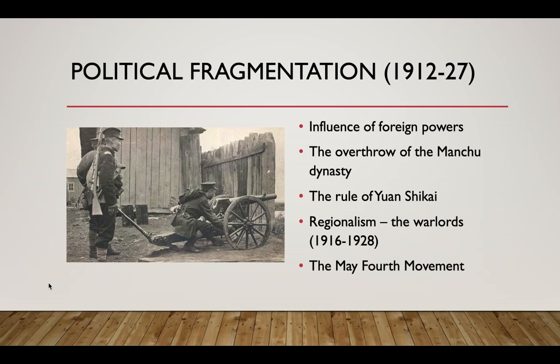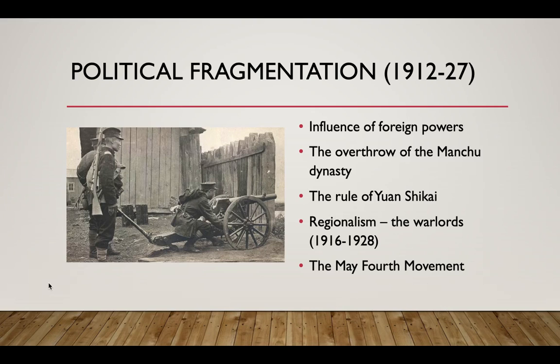But it's during this time period, though, several groups are going to begin to emerge. 1919, you'll have a very influential May 4th movement. This is a reaction to the end of World War I and the Treaty of Versailles.